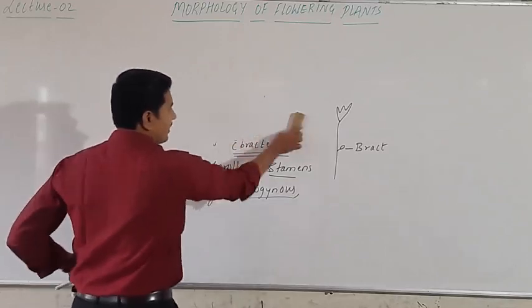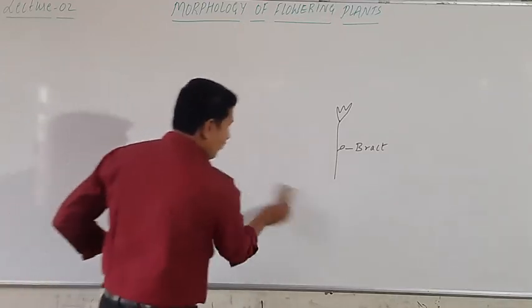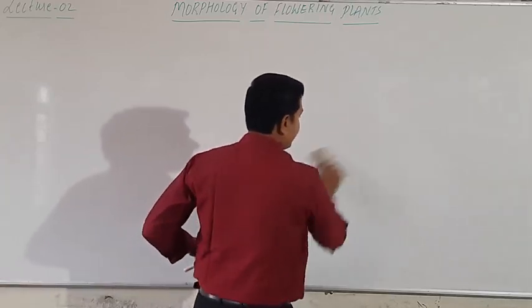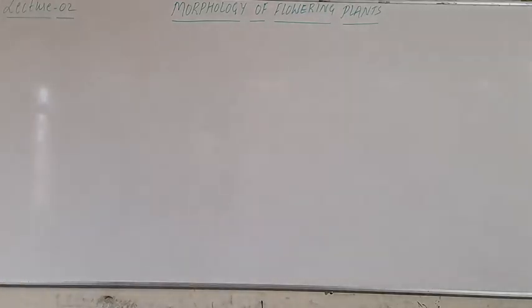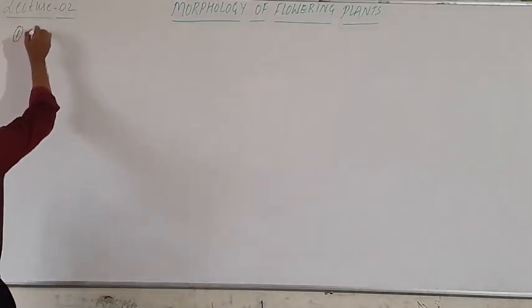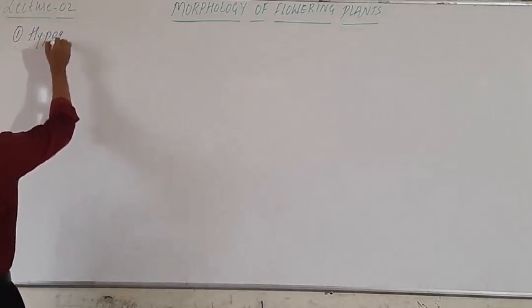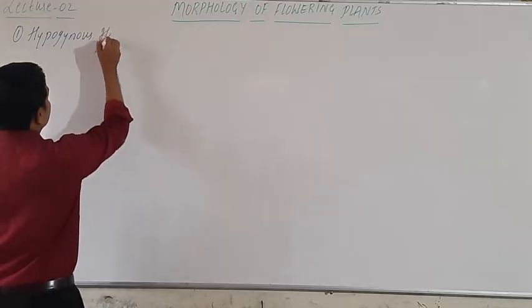Floral appendages ಅಂತಂದ್ರೆ ಯಾವ್ಯಾವ ಬರ್ತಾವ? So we take three floral appendages. We are going to take the three floral appendages. So first one is hypogynous flower.